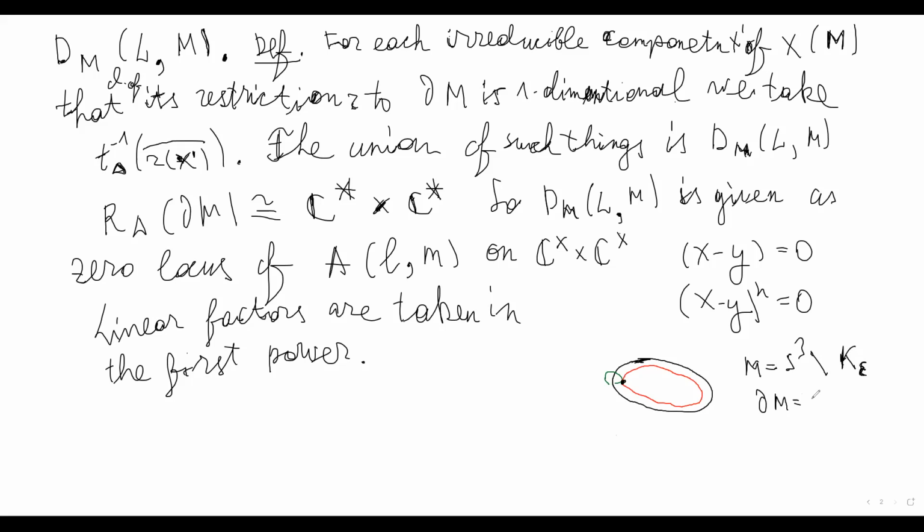It will be a circle, but as an element of pi 1 of M, what will it be? It will be 0, because we can contract it along this disk.